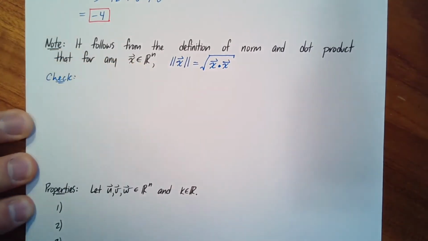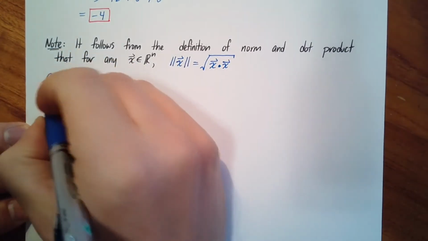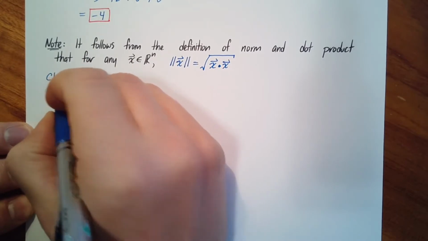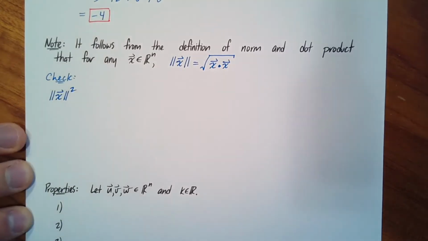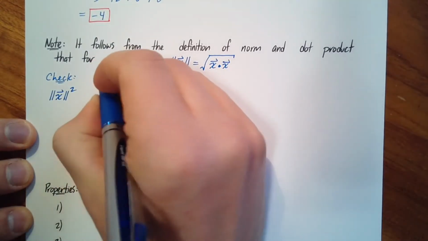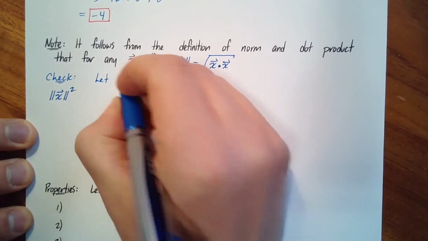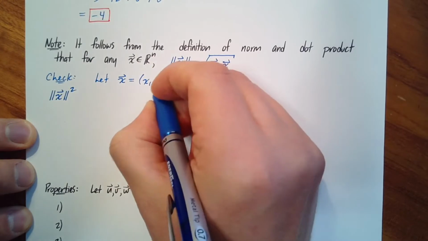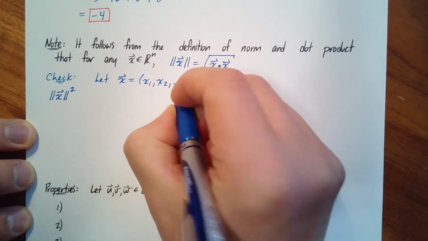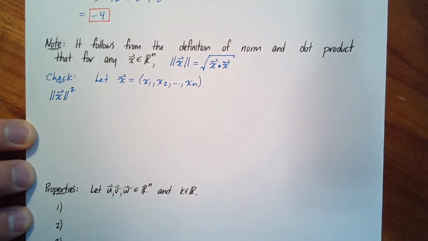Now, if I were to work out the square of the norm of some vector x, let's actually let the vector x be written in terms of coordinates. So in the usual way, x1, x2, all the way up to xn.